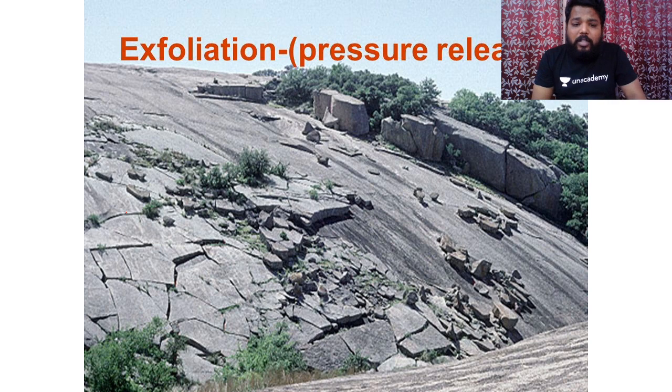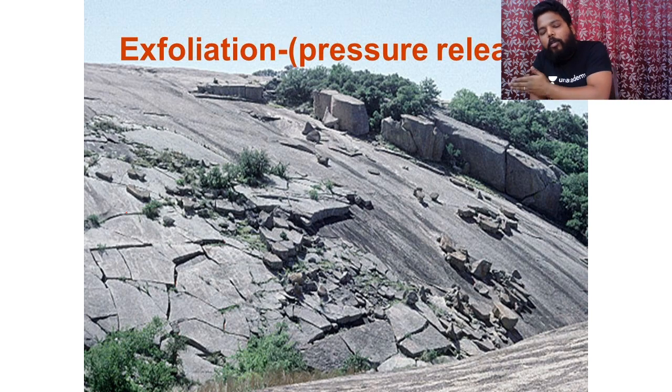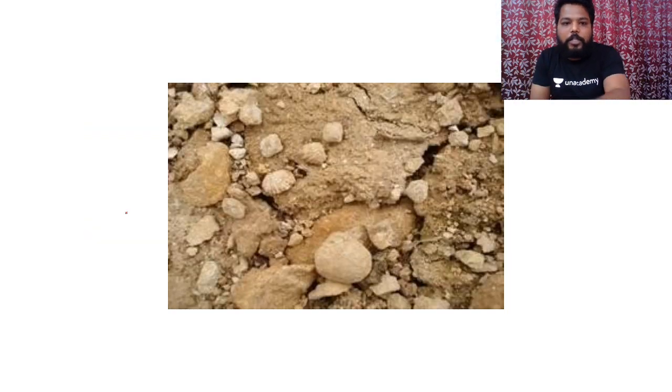When the topmost layer is peeled off, it is called exfoliation. You can see an onion peeling kind of structure here. So these exfoliation processes are called onion weathering. Exfoliation is also called onion weathering. When the pressure on the rock has been released from the top, the topmost layer is peeled off. That is called exfoliation.